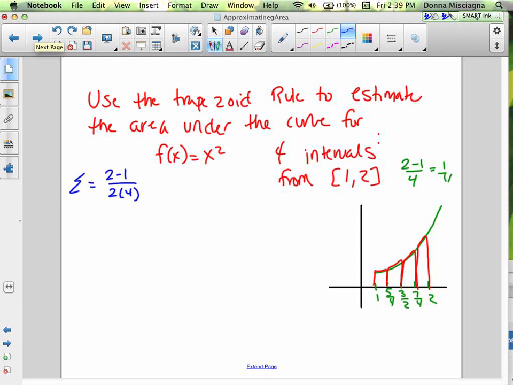And so then we would multiply that by f of 1, plus 2 times f of 5/4. I don't think I'm going to have enough space. I'm going to have to move this down a little bit.